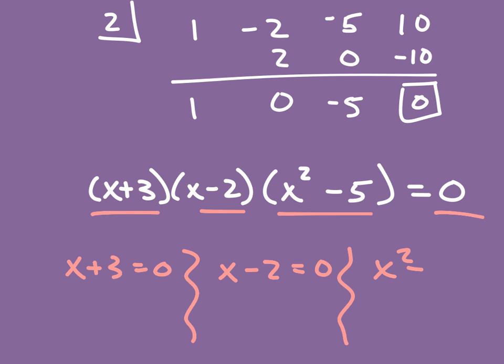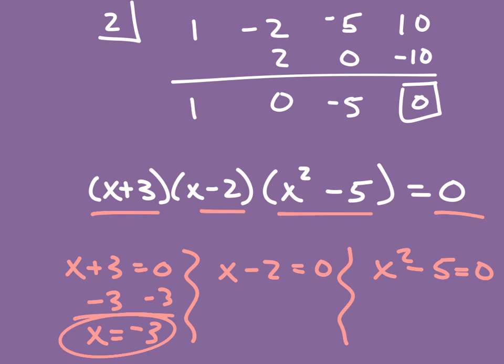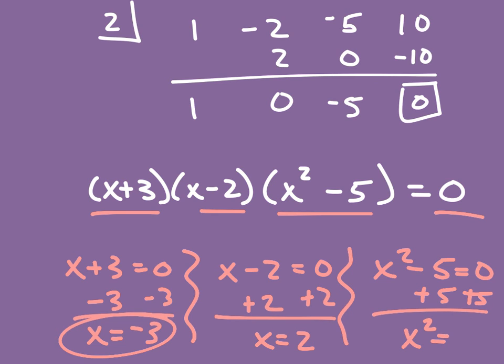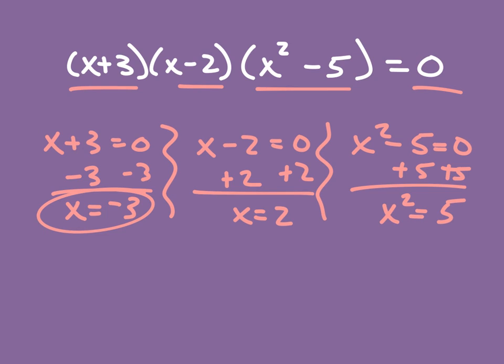And so let's do that real quick here. We're going to subtract 3 from both sides, so we get x is equal to negative 3. Add 2 to both sides, so we get that x is equal to positive 2. Here we would add 5 to both sides, and we get x squared is equal to positive 5. At this point, you can take the square root of both sides.